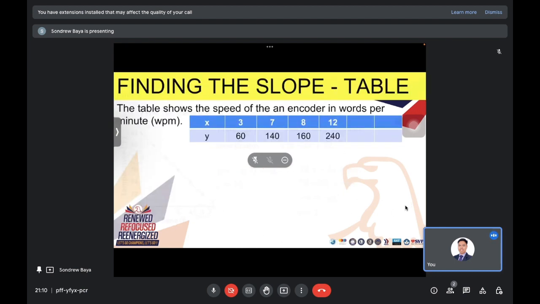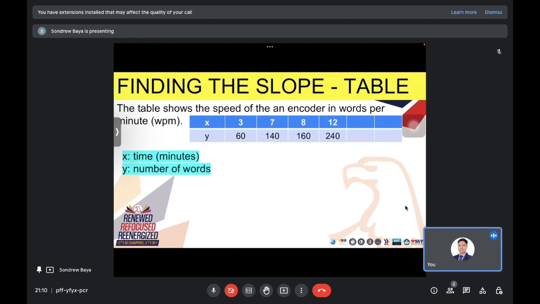Now, what if you don't have a graph? What if you only have a table? So suppose we have a table of values. Let's try to recall, how do we find slope given a table of values? Remember, first, of course, we need to know the x and the y quantities. We already had this in the previous video. So these are our x and y quantities.